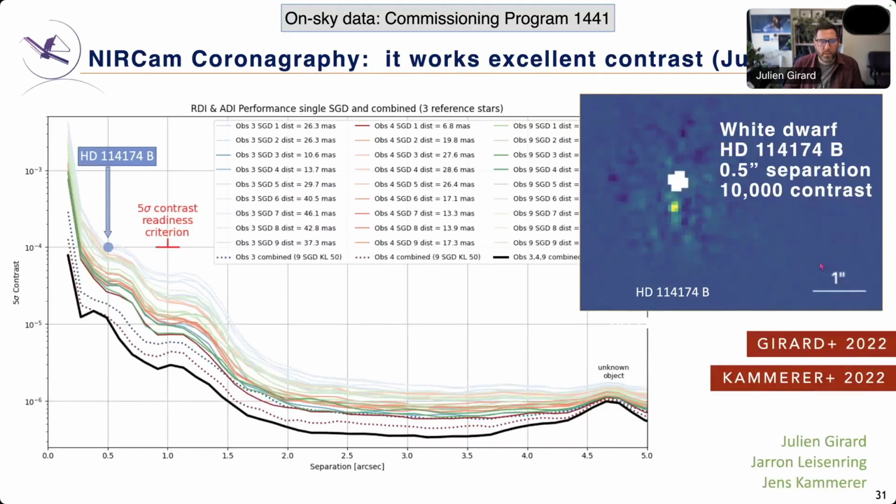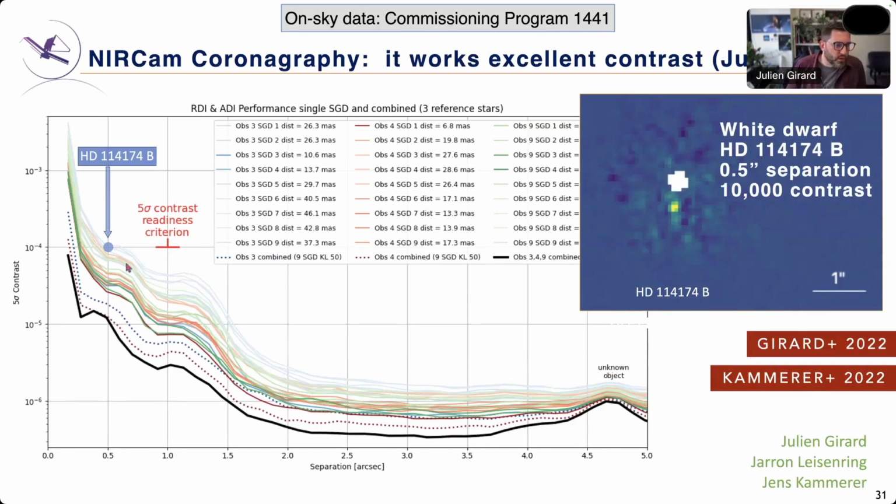So yeah, little glitch here. This was, by the way, one of the plots of the commissioning paper, where I actually had 3 reference stars instead of 1, and each reference star had a set of 9 small grid dithers, like subpixel dithers.